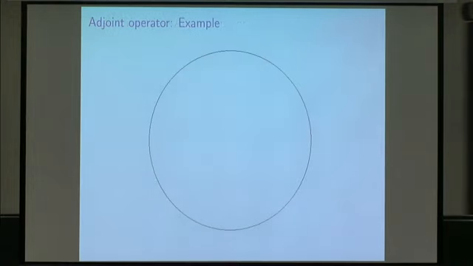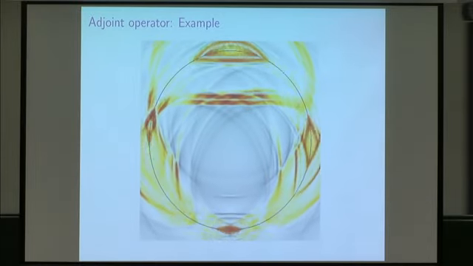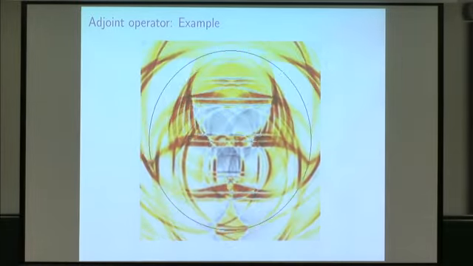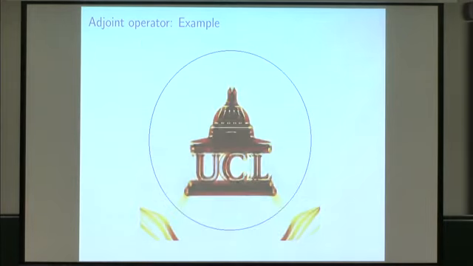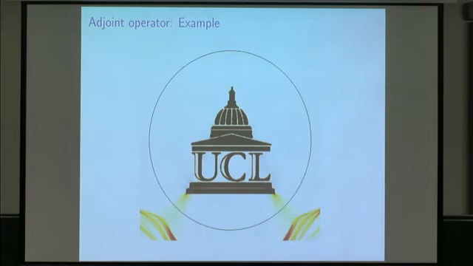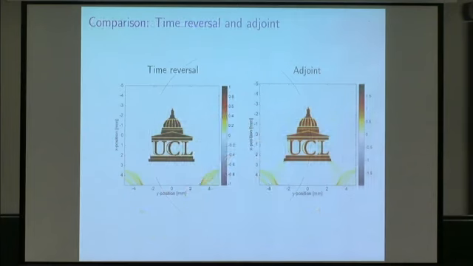But actually, if we have full measurements, this adjoint acts very similar to time reversal. So here we see again, it back propagates, and we get soon a pretty good reconstruction, actually just by back projection with the adjoint. So also we need to solve a PDE. So let's compare.